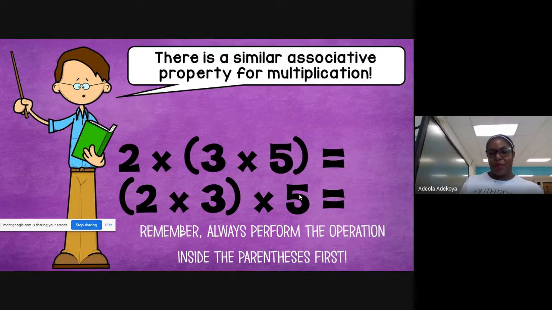So always remember that we need to perform the operation and start off with the parenthesis first. Here is our parenthesis. So here we've got 3 times 5 is 15, times 2 will give me 30.